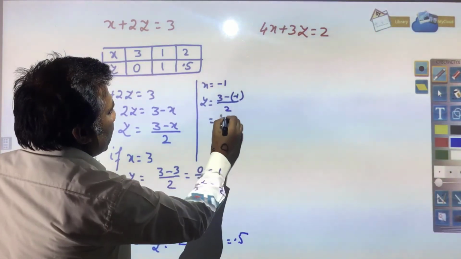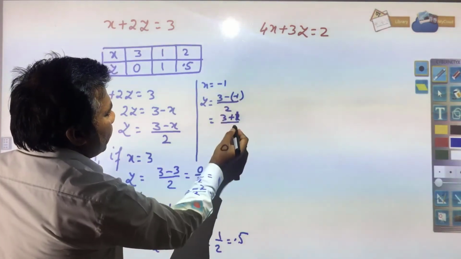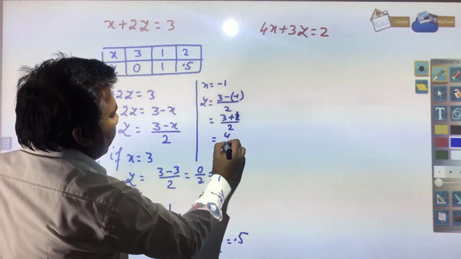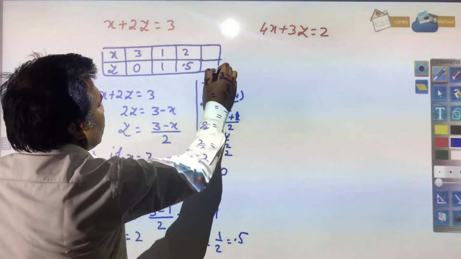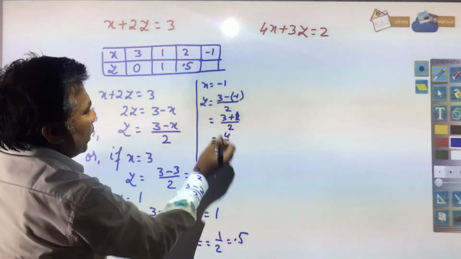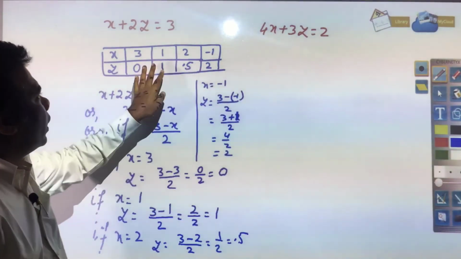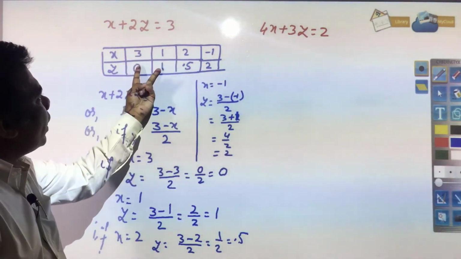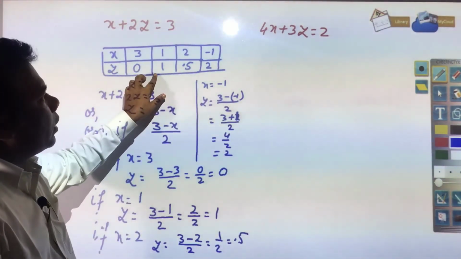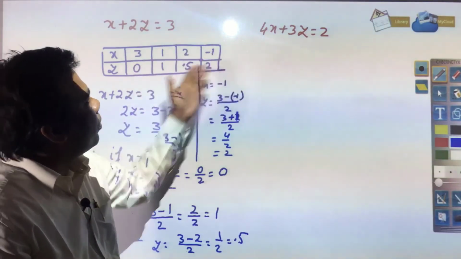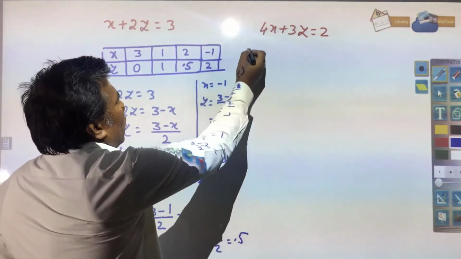It means 3 plus 1 divided by 2 is equal to 4 by 2, and you will get 2. So, in this way, any value you put, at least 3 or even 2, if you get at least 2 values, you can plot the graph. Minimum 2 values are required, and maximum you can put any value, but at least 2 values you need to plot the graph.